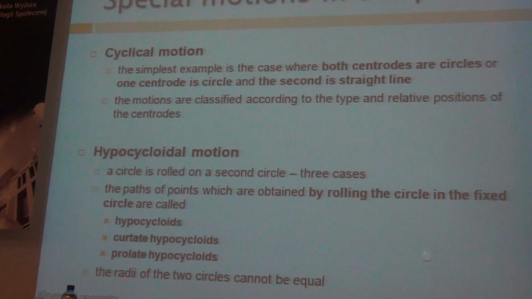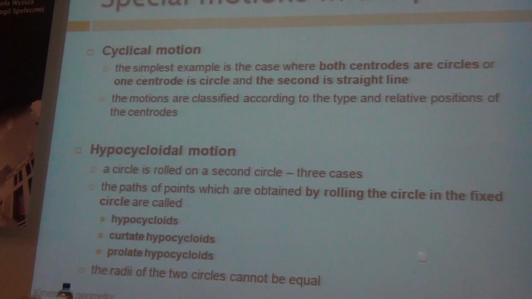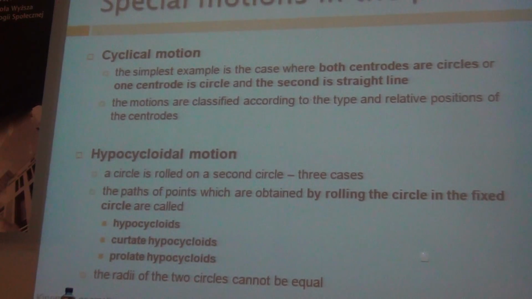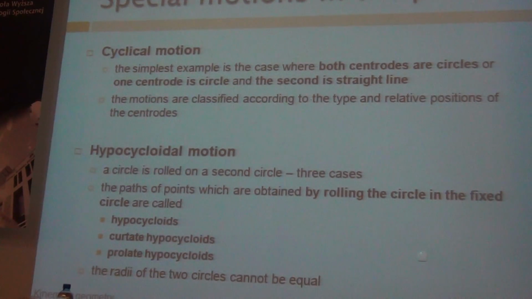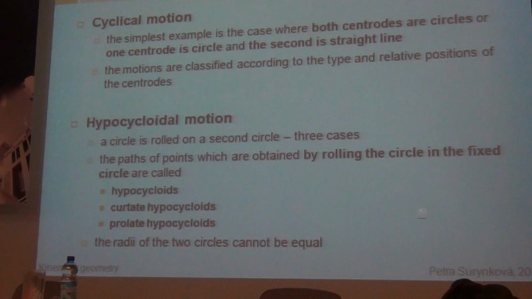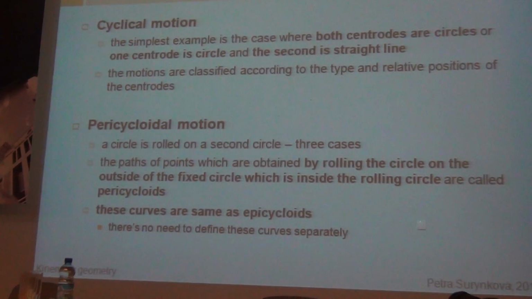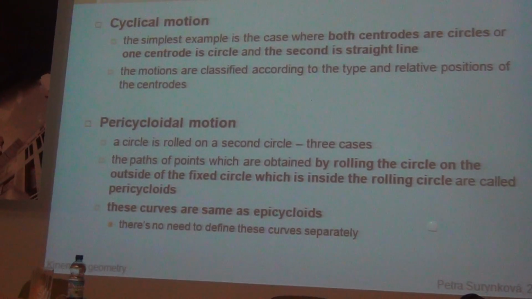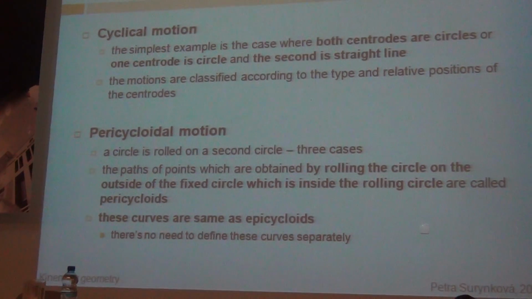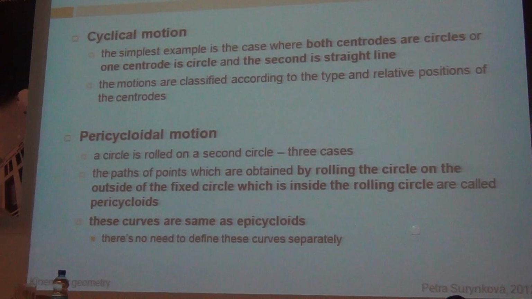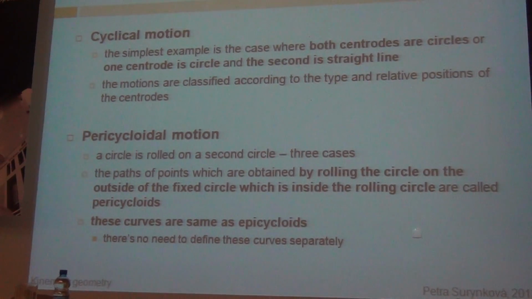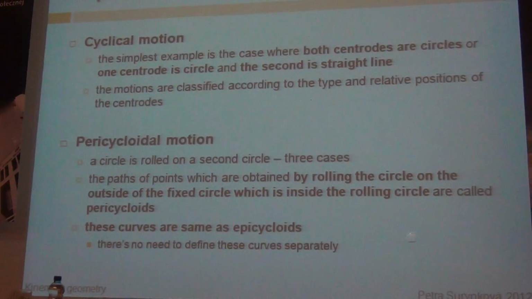Hypocycloidal motion is another example. This motion is obtained by rolling the circle inside the fixed circle. And the last one, paracycloidal motion, by rolling the circle on the outside of the fixed circle, which is inside the rolling circle. So, example.